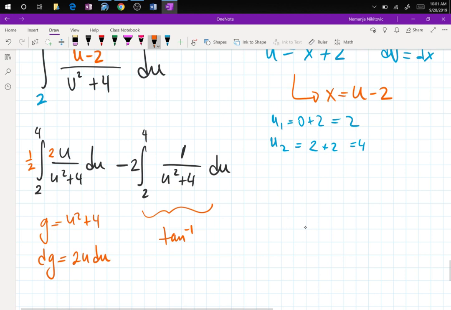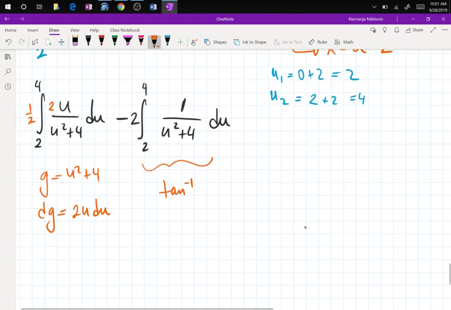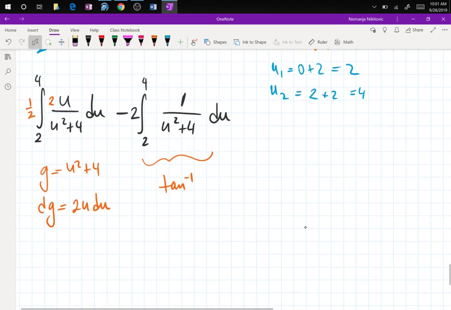So it won't be equal to doing ln and then doing the inverse chain rule? What do you mean? Like negative 2 ln of u squared plus 4 over 2? No. We have to do the inverse tangent on that one. You got your 1/2 on this side.